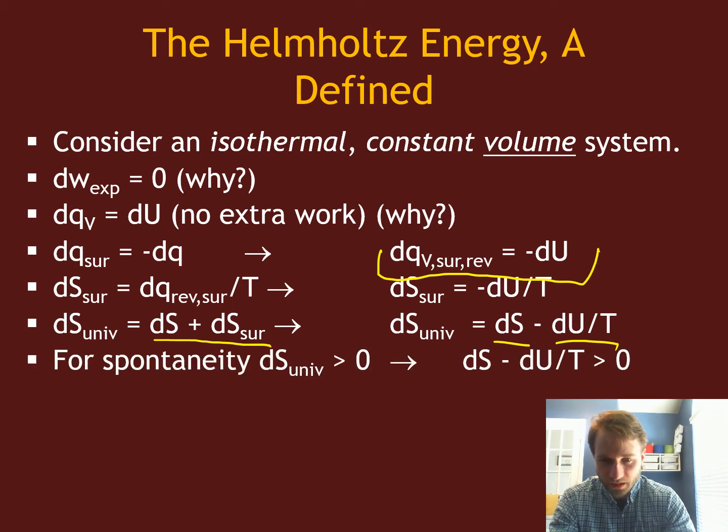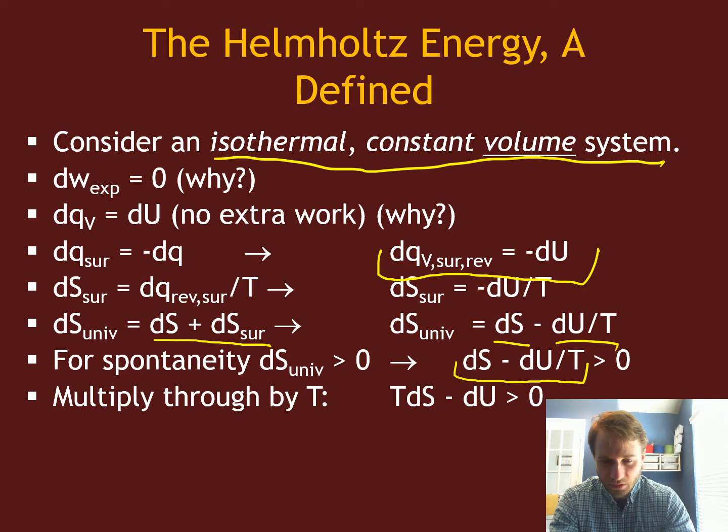So for something to be spontaneous, dS of the universe has to be greater than zero, which means dS minus dU divided by T has to be greater than zero for something to be spontaneous at constant temperature, constant volume conditions.